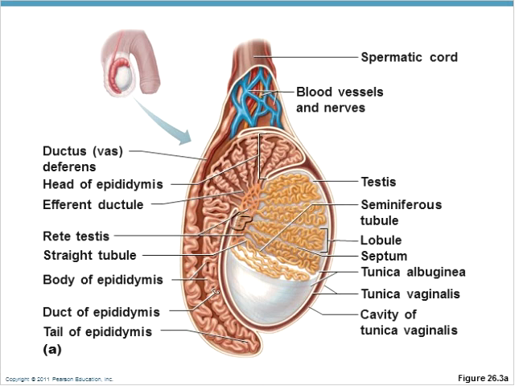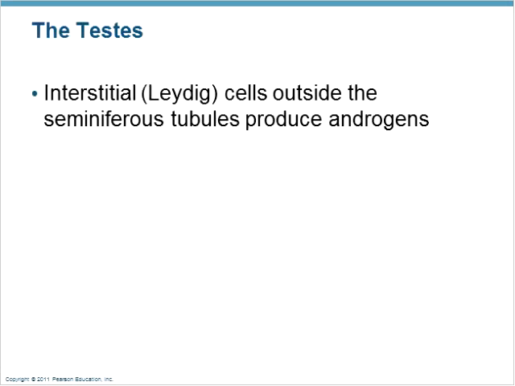You see the seminiferous tubules, and finally we get to the rete testis proper. You can see as it enters the epididymis, and finally as we enter the vas deferens.